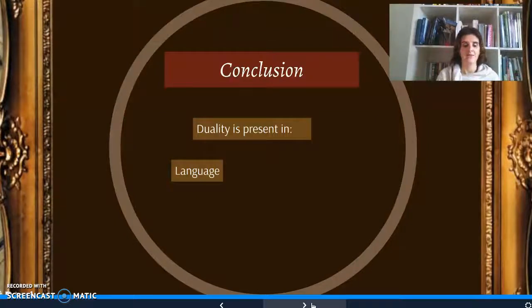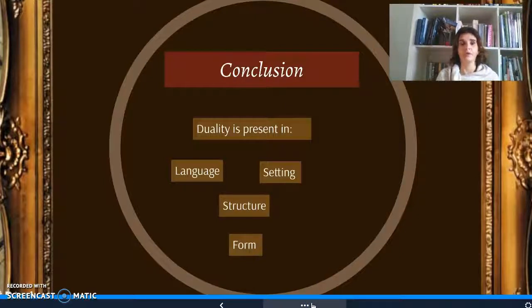Dr. Jekyll is very precise, very fussy in the way he speaks, whereas Mr. Hyde is gross in the way he speaks. In setting, we've seen London, Edinburgh. In the structure, it's in the form of letters and diaries, and in the form the novel itself is presented, that is, it's a sort of Gothic novel.